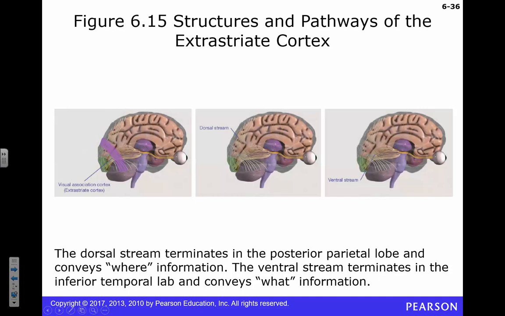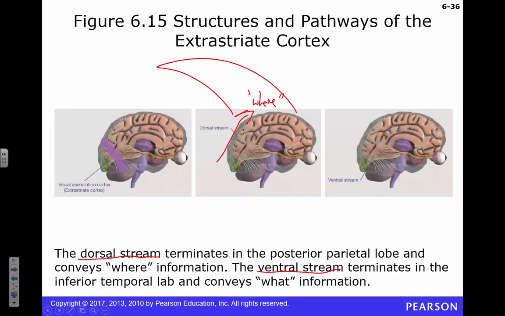So we have two pathways. We have what's called the dorsal stream and the ventral stream. What's interesting about these is they're not just divided spatially in your brain, there's a functional difference as well. Things that go in the dorsal stream, so again, think about that dorsal fin, this is going to tell us where.